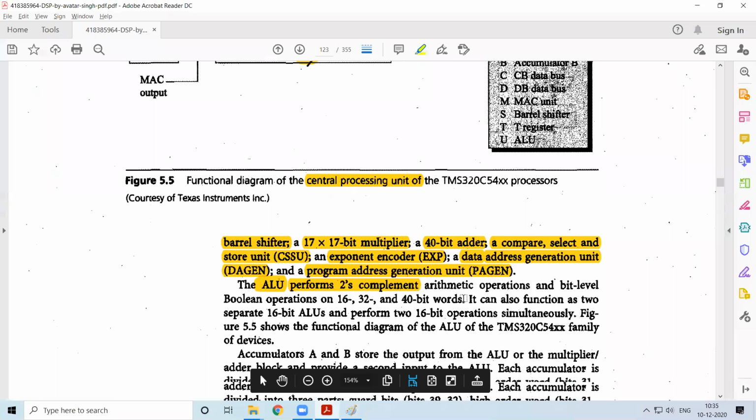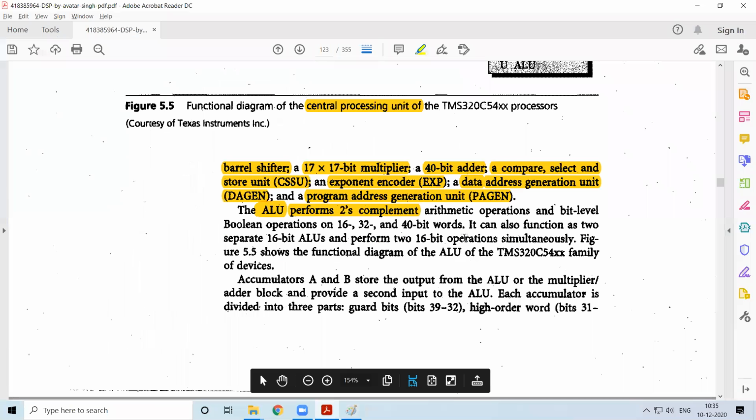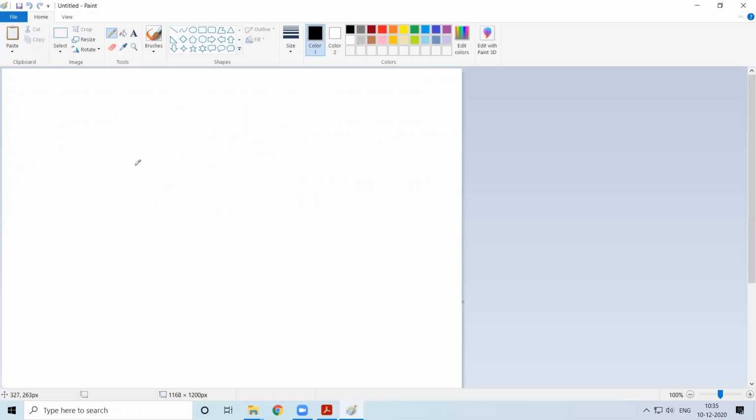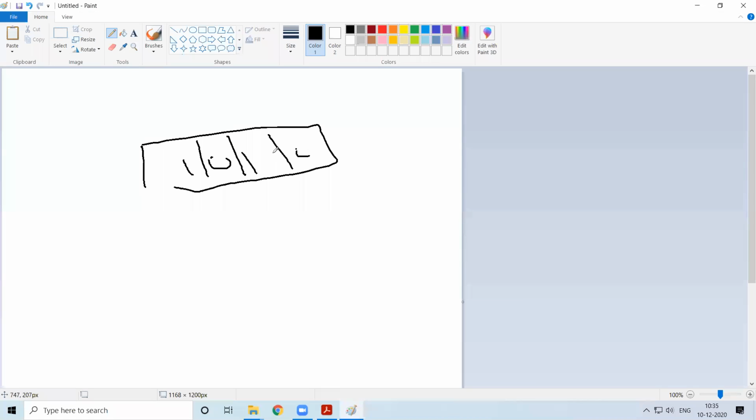So this is what ALU looks for. Then apart from that, you have operations which are done in Boolean form, and you can perform them at the bit levels. For example, suppose you have some information and I want to check what this bit is. So I access this bit and I want to perform some ANDing operation with some flag register.